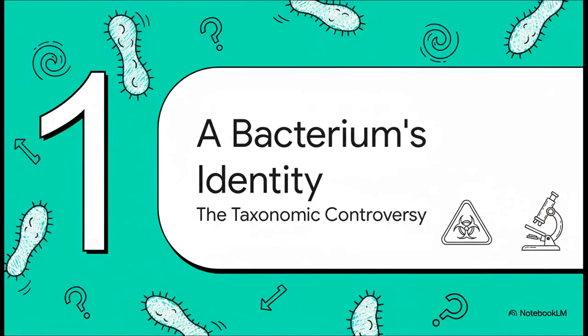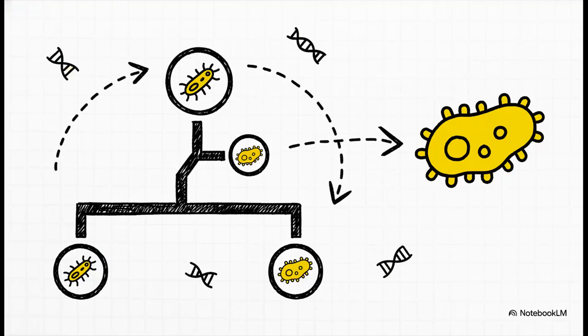All right, Section 1, the bacterium's identity crisis. Let's dig into the big why. How on earth did a bug we've known for years suddenly get saddled with one of the most feared names in microbiology? Believe it or not, this all happened back in 2020, and from a pure science perspective, it actually makes sense. When they did the deep genomic sequencing, they found that the classic Brucella species were basically a branch inside the larger Ochrobactrum family tree.